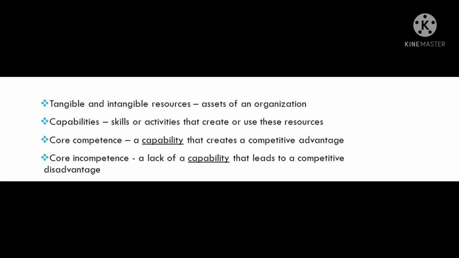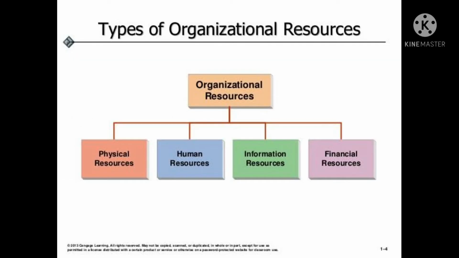Core competence is a capability that creates a competitive advantage, while incompetence is a lack of capability that leads to a competitive disadvantage. In order to help you identify the organizational resources, there are physical resources, human resources, information resources, and financial resources.